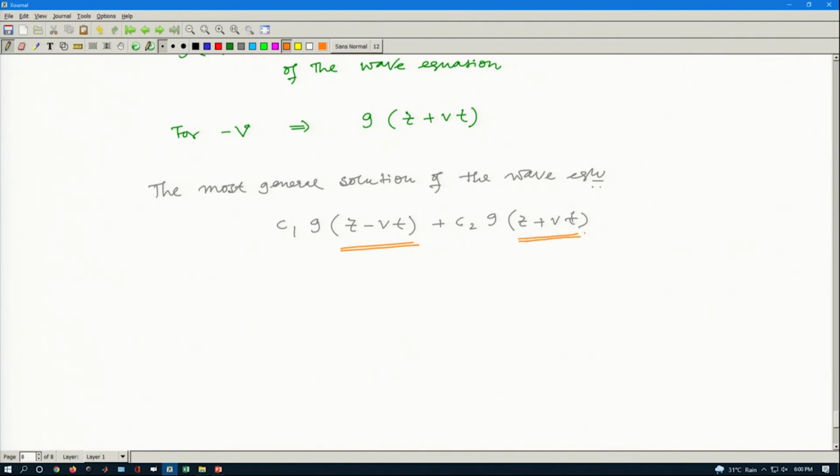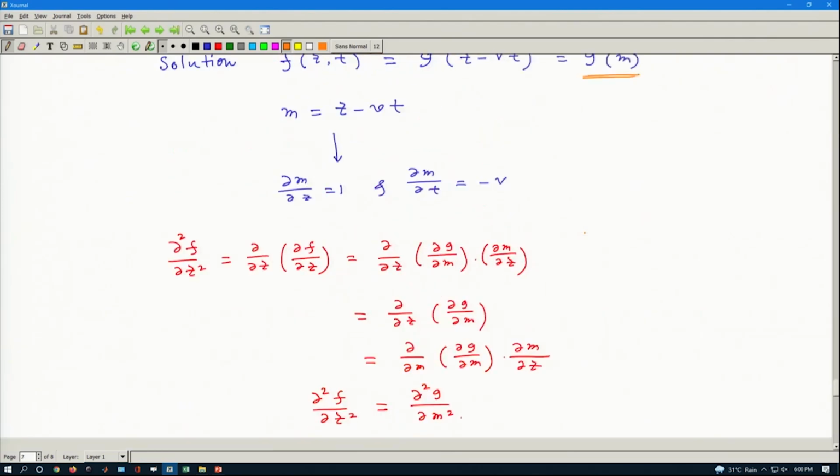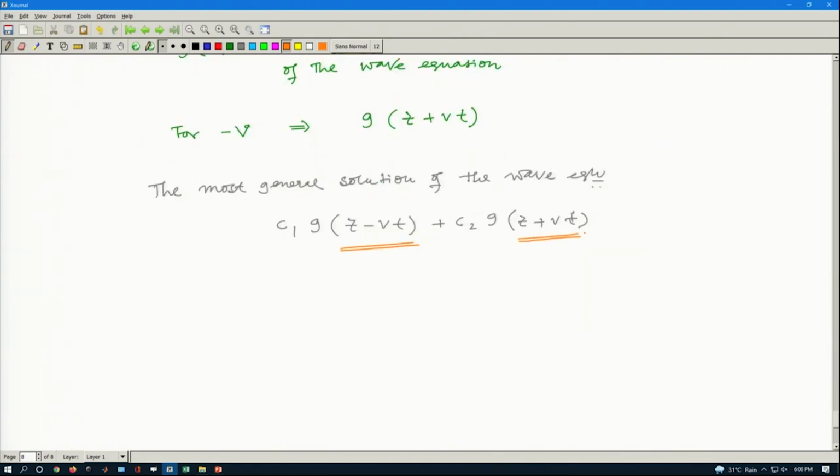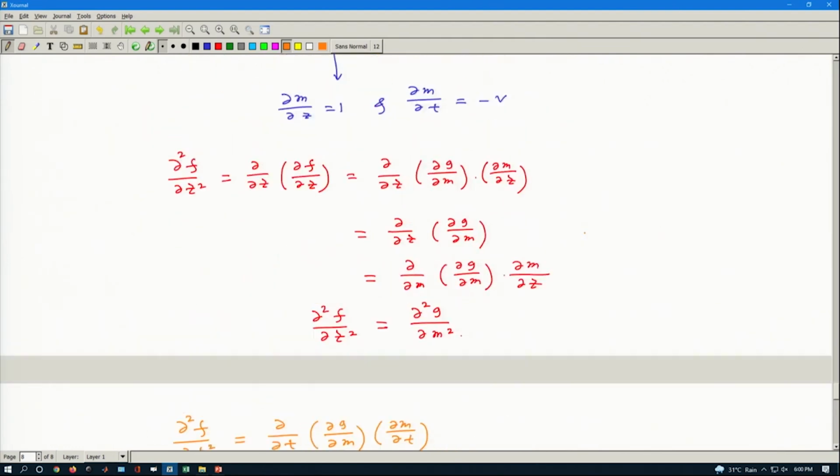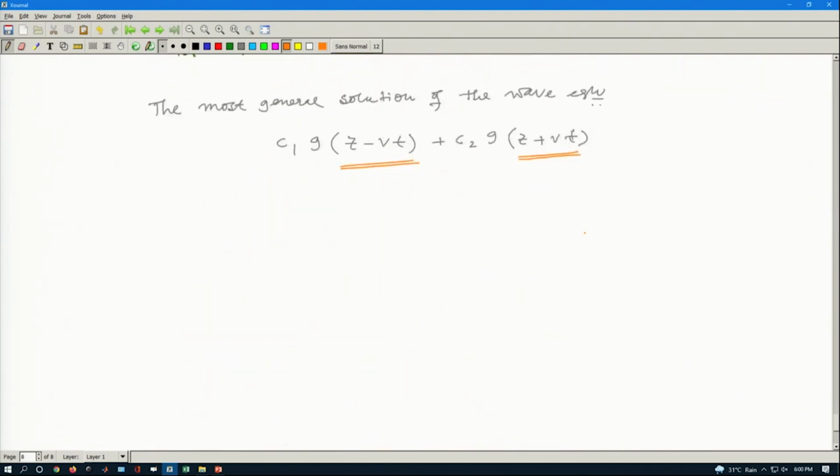Z and t can be written on the same footing like z minus Vt or z plus Vt. So, this is the signature of a solution that should satisfy this wave equation. Whenever you have this kind of solution, then readily you can understand that this is a solution for some wave equation. Okay, so we have a very rough idea about the wave equation and solutions, and we are going to use this concept in Maxwell's equation when we derive the Maxwell's solution.